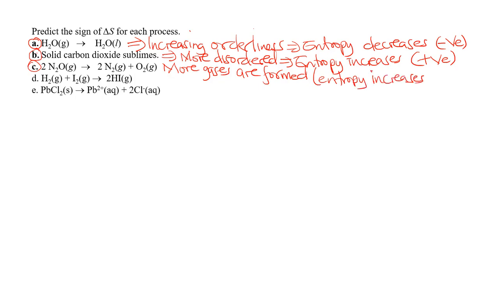Entropy increases, which means sign is positive. You can see that this side we have 2 gas molecules, this side we have 3 gas molecules because there is 1 here. So we are forming more gases, therefore more disorderliness. That implies that entropy increases.